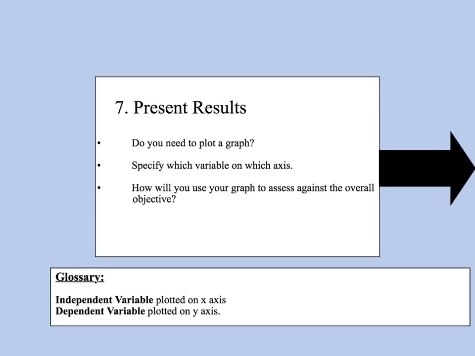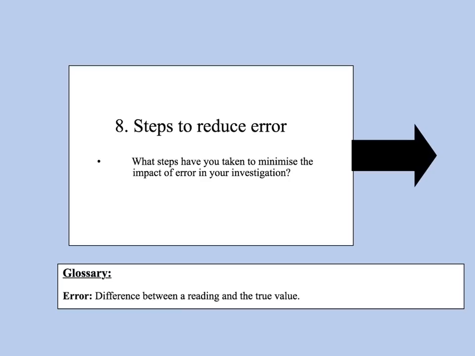So the last thing a lot of people miss as well, actually, the steps to reduce error in your experiment. What are you personally doing to try and minimize error in your experiment? So a lot of people give very vague statements like, oh, I'm going to take repeats. That's absolute nonsense. So thinking of steps to reduce error.